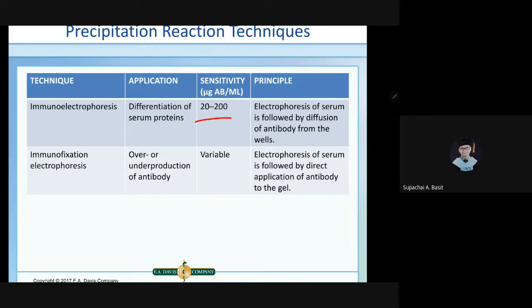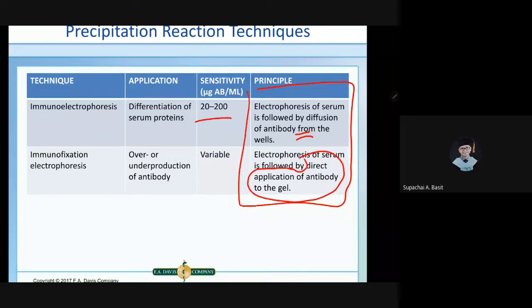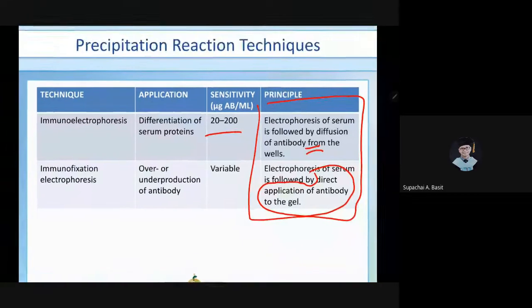Whereas in immunofixation electrophoresis, electrophoresis of serum is followed by direct application of antibody to the gel. Meaning, antibody will no longer diffuse out from the well. I hope you get the difference. This one would be coming from the well, and here in immunofixation electrophoresis, there is direct application of antibody to the gel. So let's discuss them in detail.